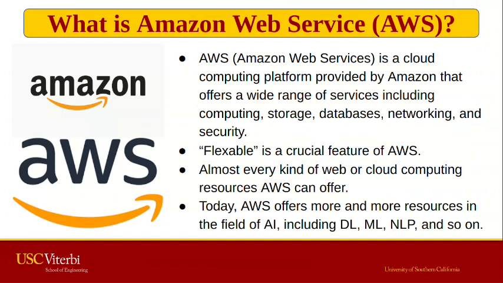I think it can help us use cloud computing to store files, and we can take advantage of AWS to build our own web service, like creating a website, or run some AI projects like deep learning, machine learning, and so on.